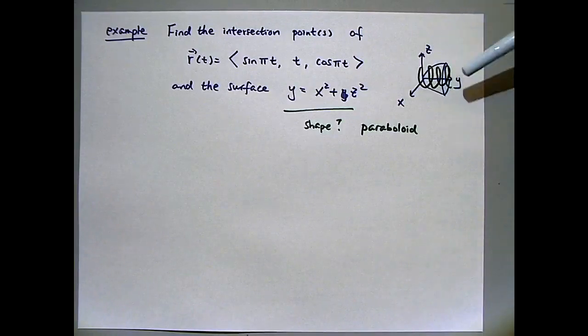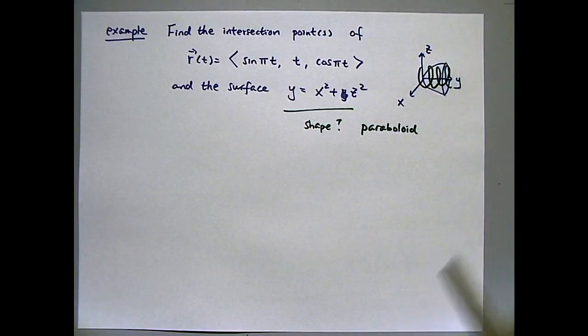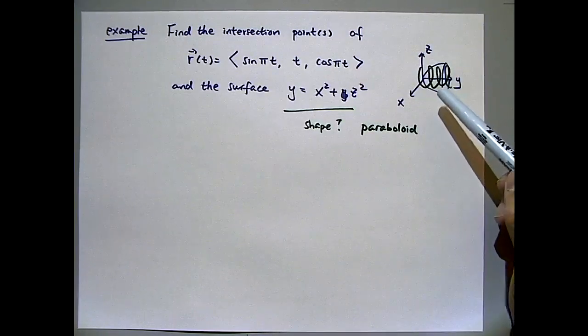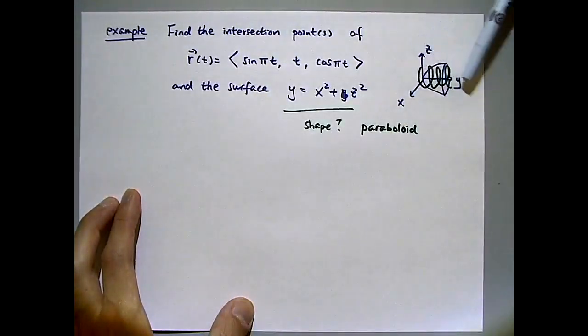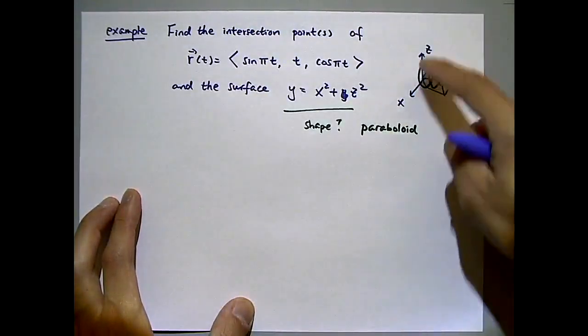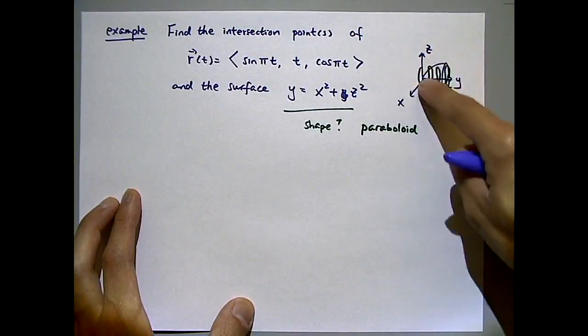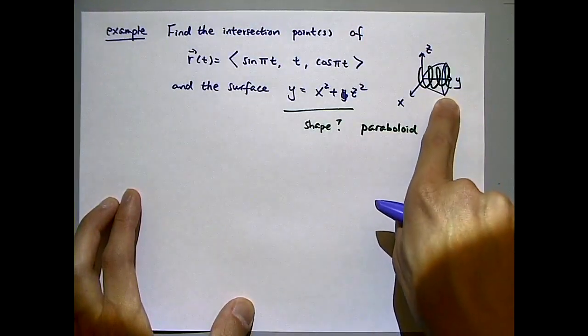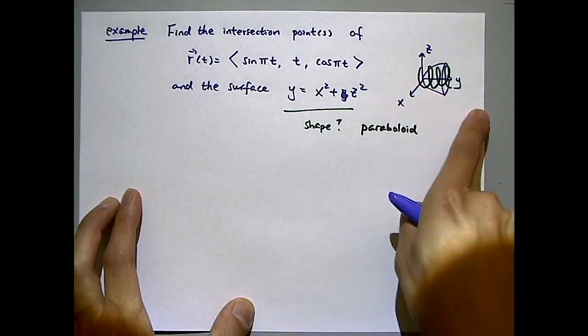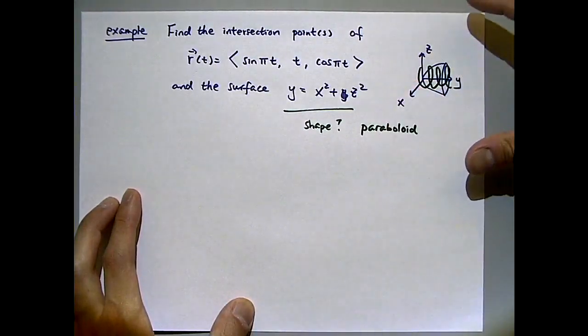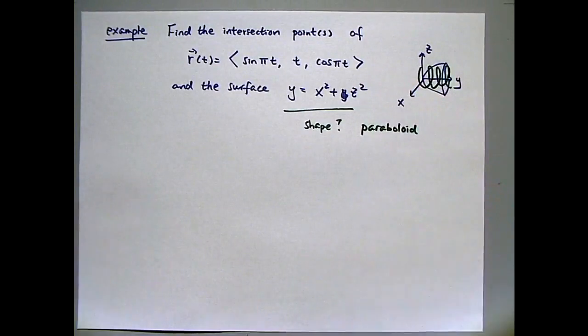And by visual inspection, we expect to see at least one point of intersection, right? At the y equal to 0 plane, the space curve has a radius of 1, and the paraboloid has radius of 0. And as y goes on, the situation gets reversed. At some point, they must have an intersection.